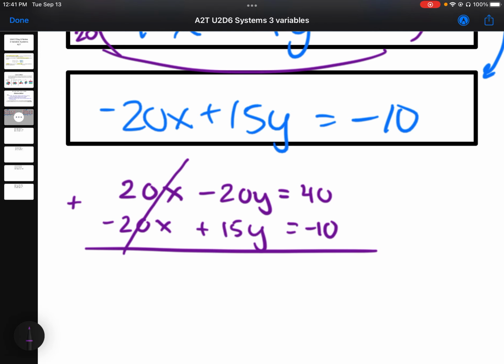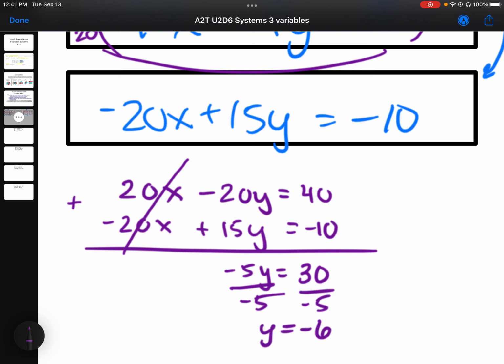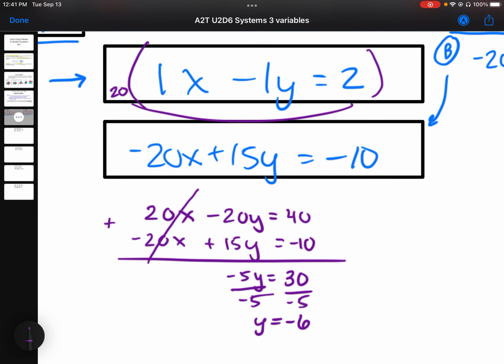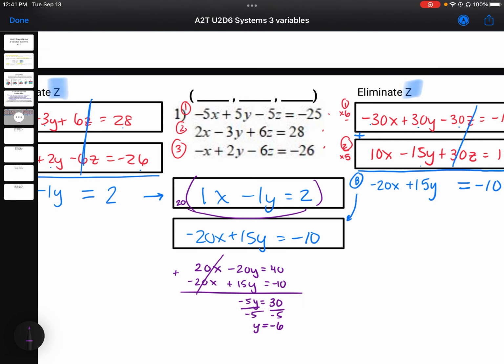Negative 20 plus 15 is negative 5. 40 plus negative 10 is 30. Divide by negative 5. y equals negative 6. That is one part of our answer. Remember, our ordered triple is x, then y, then z. Our y value is negative 6.